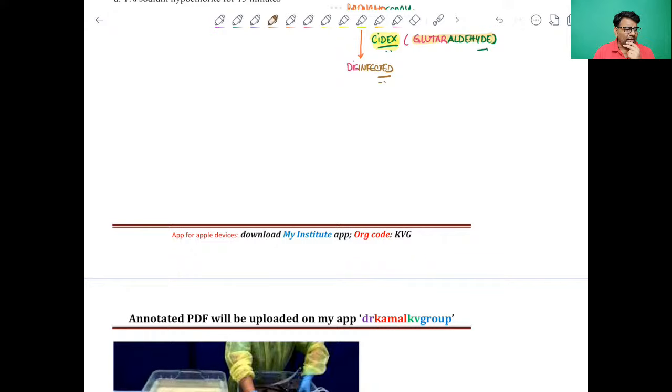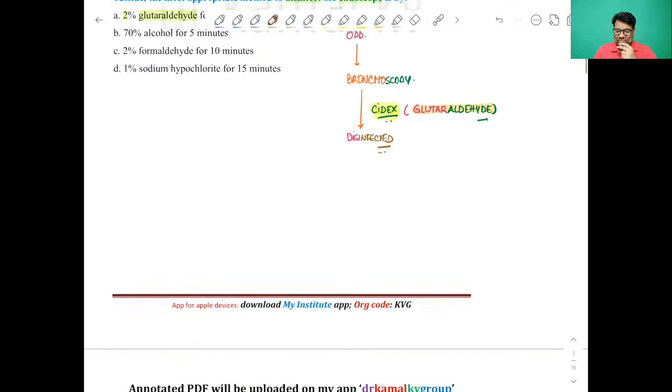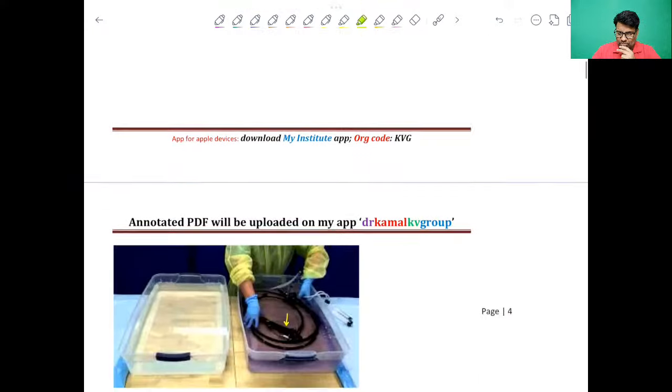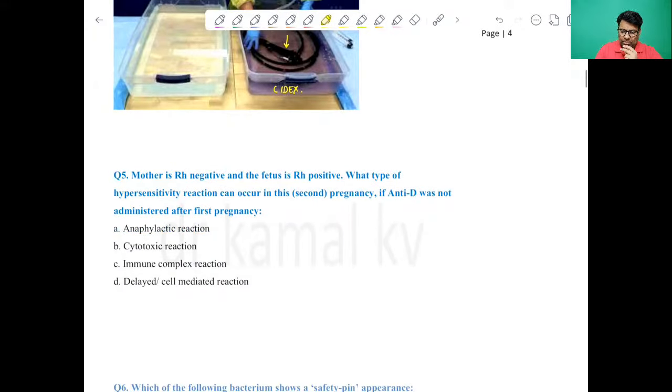So any instrument, right? Except stethoscope. So any instrument which can be sterilized or disinfected in the best manner is done by Cidex. Okay, so Cidex solution or glutaraldehyde solution. Okay, so next question.